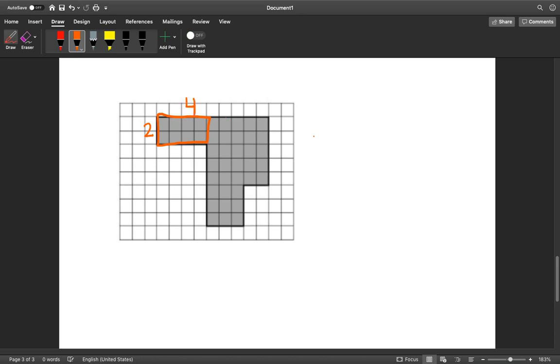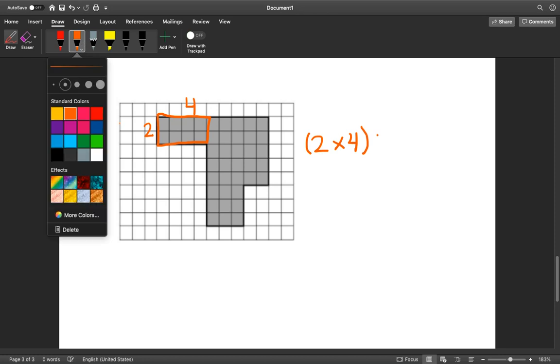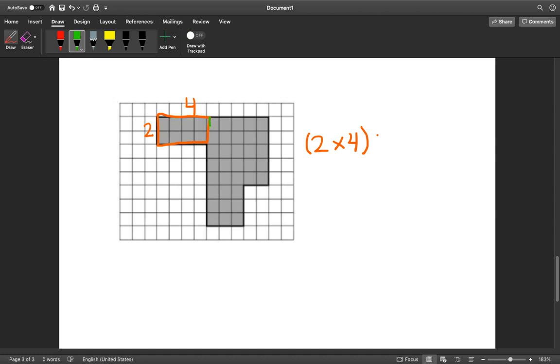So I'm going to come over here in orange, and I'm going to write 2 times 4. I'm going to put parentheses around these because that's my first area that I'll have to find. And then I will add to that. I'm going to use another color so you can see it. I will add to that the area of this rectangle.